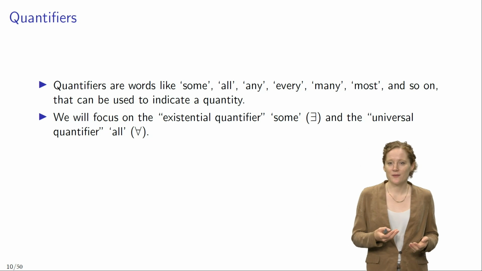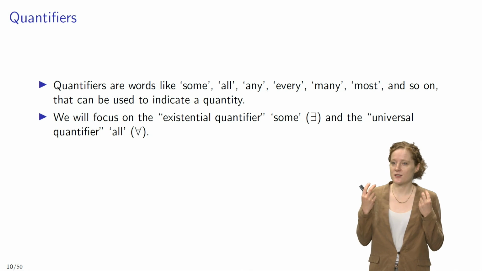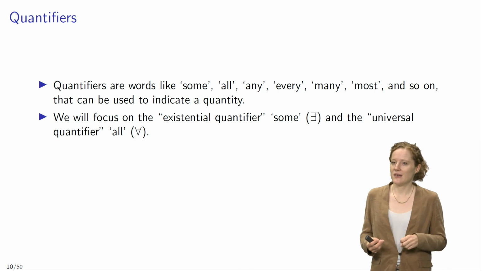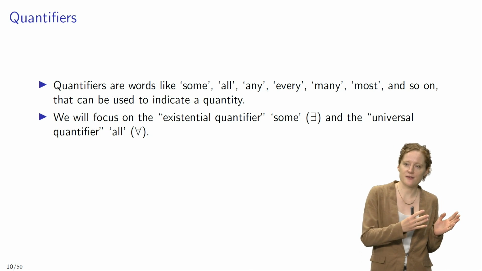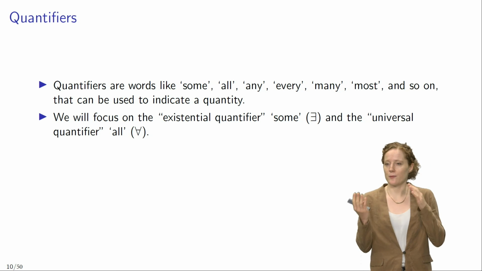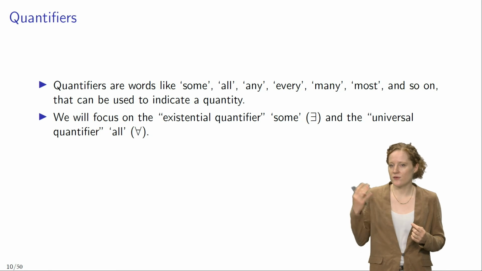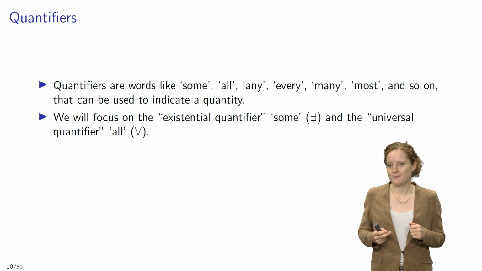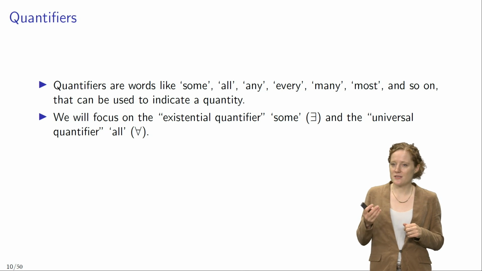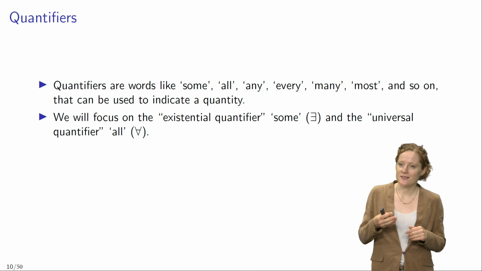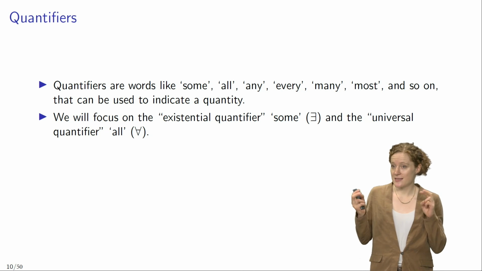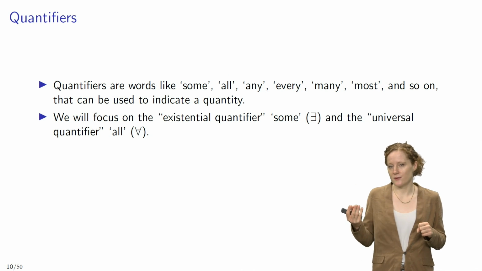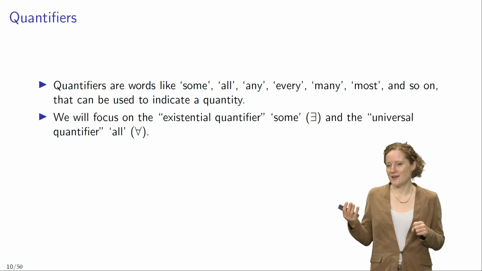In FOL, we will focus on just two quantifiers, meaning the existential quantifier, represented by the backward E, and the universal quantifier, represented by the upside-down A. And we want to use the existential quantifier to represent the English word some, and the universal quantifier to represent the English word all or for all.